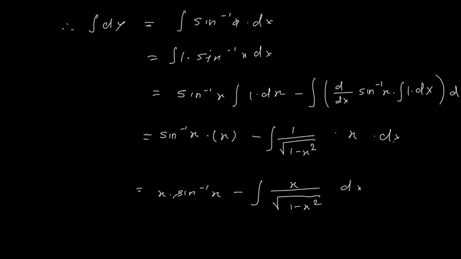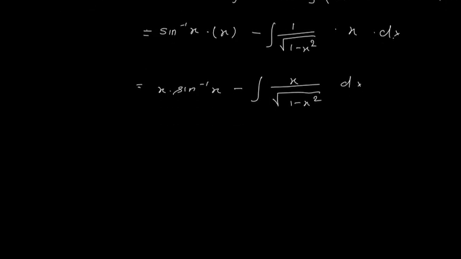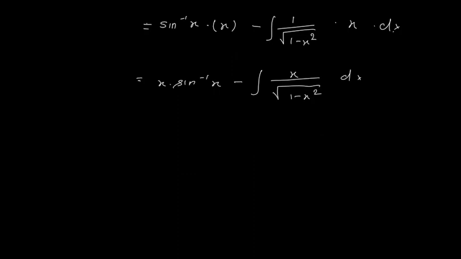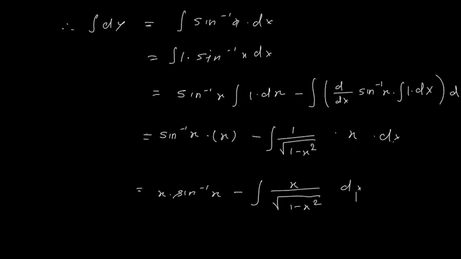Now if you see, the derivative of 1 minus x square is minus 2x. So if anyhow I am able to replace this x with minus 2x, then I have the format of integration of f dash x upon root fx, which is equal to 2 root fx.